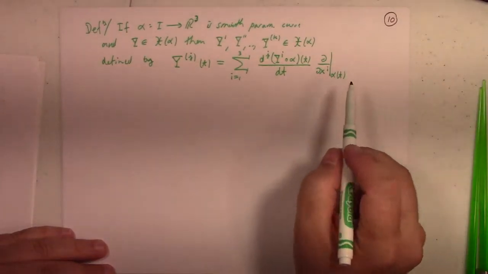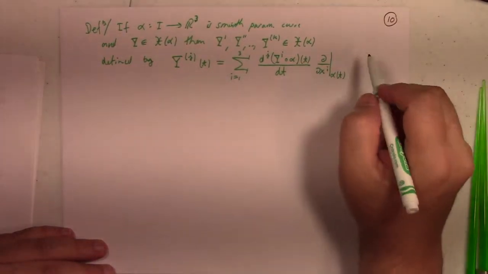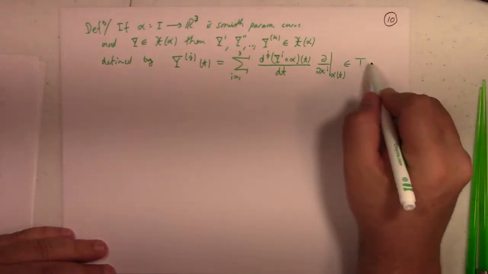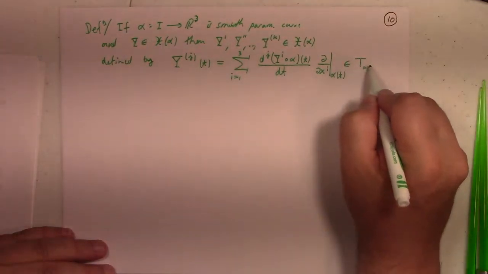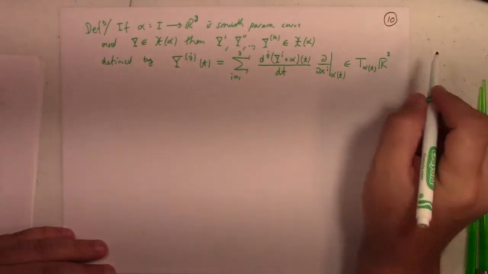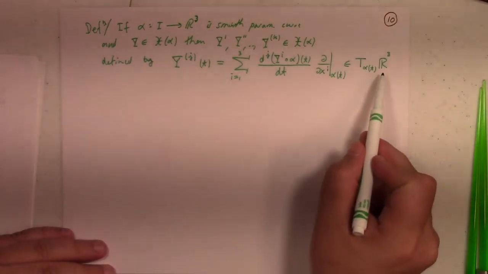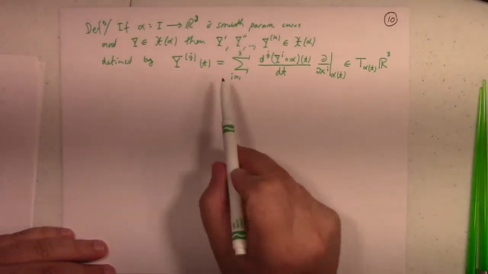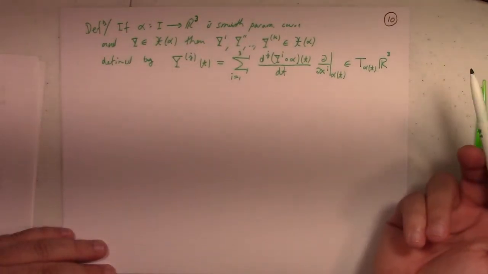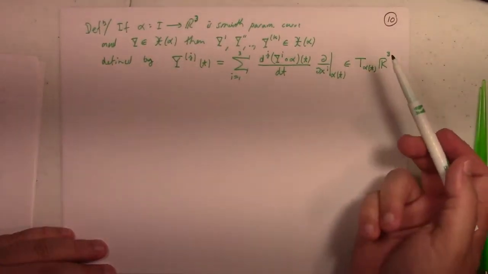So definitely for each fixed t, it is an element, and there's no debate about this, of the tangent space at alpha of t to R3. I suppose the question is, is it fair to say that the assignment of these along the curve can necessarily be extended to a larger vector field which is smooth on an open set containing the curve?